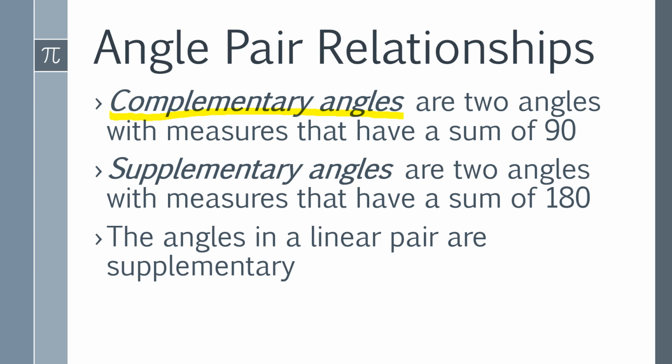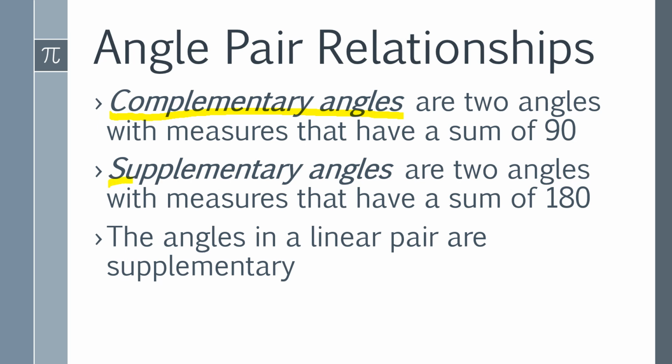These angles can be in the same plane, they can be in different planes. It doesn't matter where they are. If they have values that add up to 90, they are complementary. If one angle is 60, the other one's 30, they're complementary.